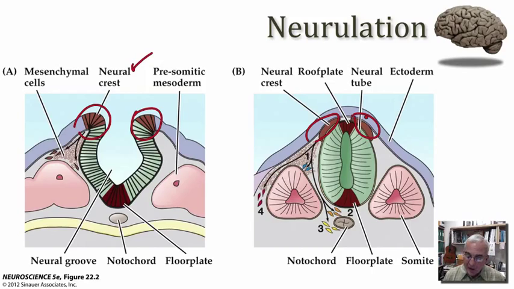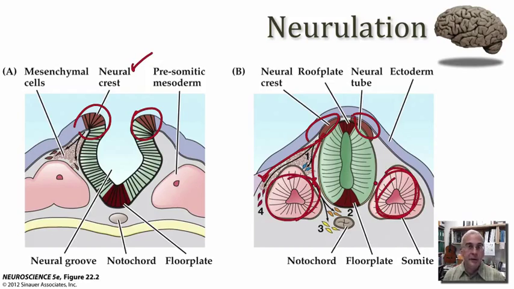Now the neural crest is a source of many different types of cells that are derived from it. Cells begin to differentiate and they begin to migrate away from this region of the neural crest. And as they migrate away, they are subject to chemical signals from the nearby structures in the mesenchyme and in the mesodermal derivatives, such as the somites that we see here sitting just lateral to the neural tube.